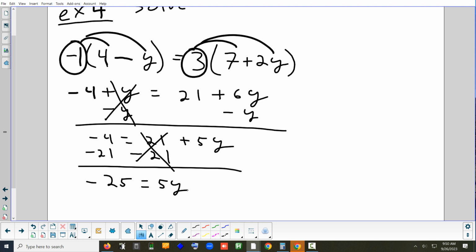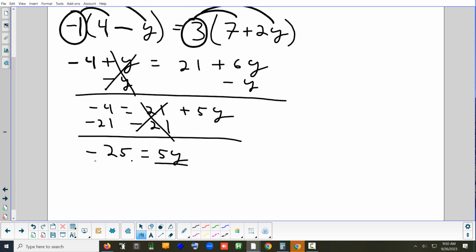And then your last step is to divide by 5. 5 divided by 5 cancels, so you get a 1y on the right. And on the left you get -5. Is it okay to leave the answer with the y on the right? Yeah, that's fine. It's the same thing.